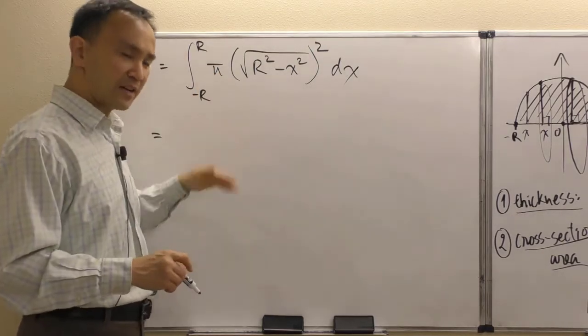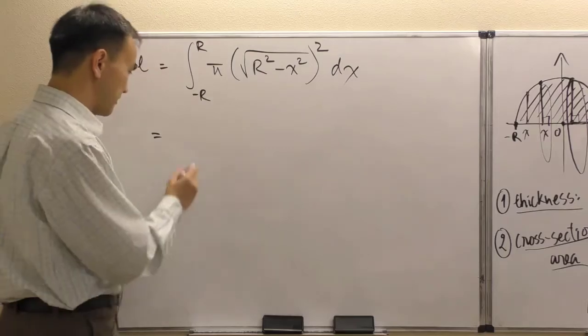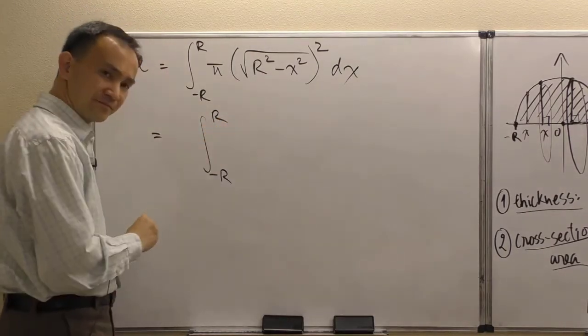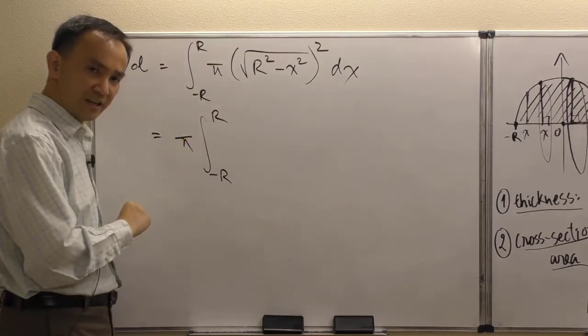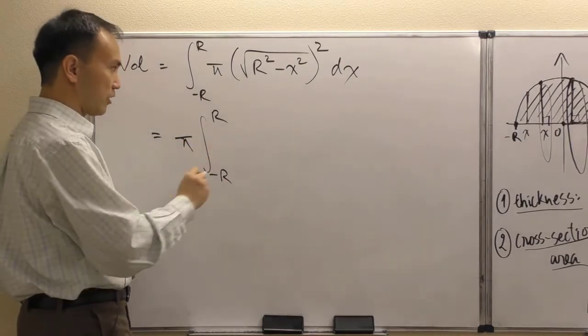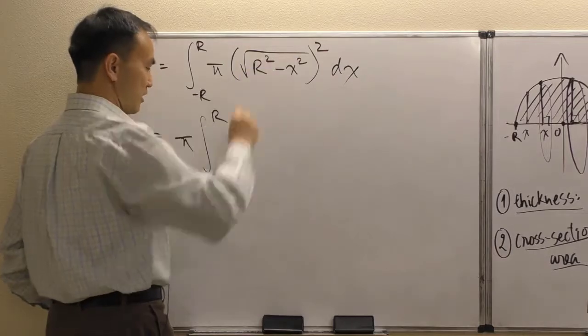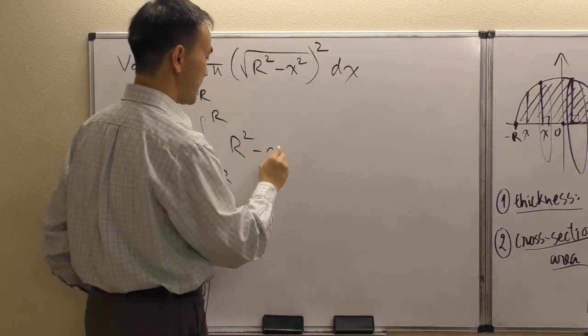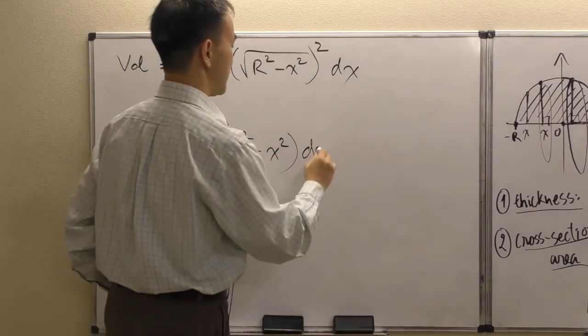So in my next step, allow me to do two things in one step. It's still the integral accumulating from minus r to r, but the pi is brought out front as a constant coefficient multiplied with the integral, and the square cancels with the square root, leaving behind just r squared minus x squared dx.